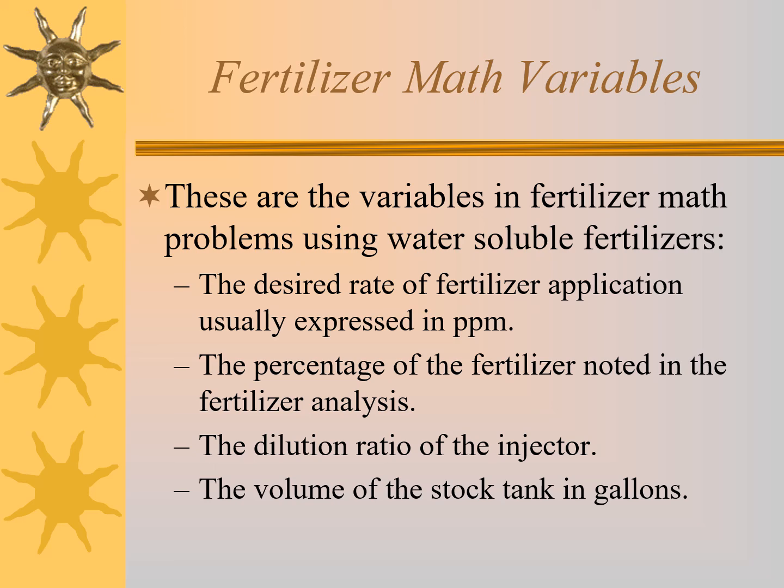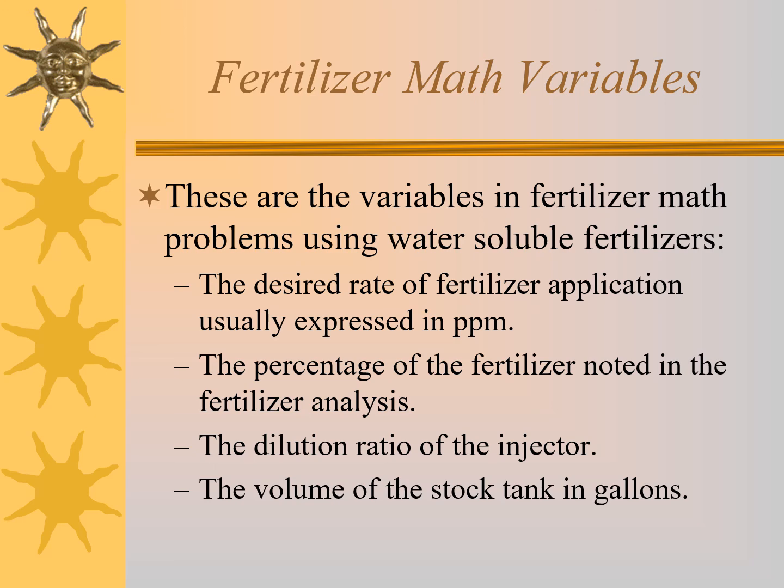The second variable that we need to know is going to be the percentage of that particular fertilizer element as noted in the analysis. If we're using a rate and we're saying 150 parts per million nitrogen, then we need to know how much nitrogen is in the fertilizer that we're using. And we're going to get that information from the analysis.